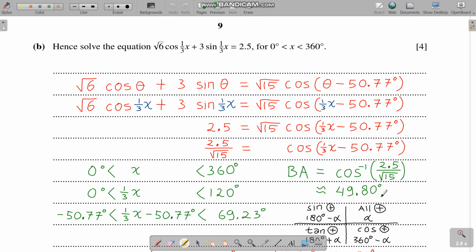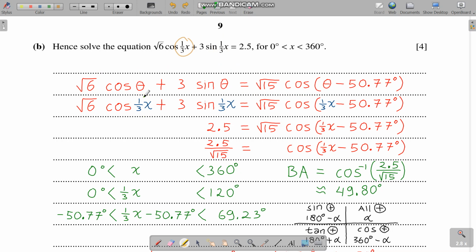The next step is to solve the equation. Be careful, this is from the first part. Now from the second part, this is not theta, but it's using x, and it's 1/3 x.